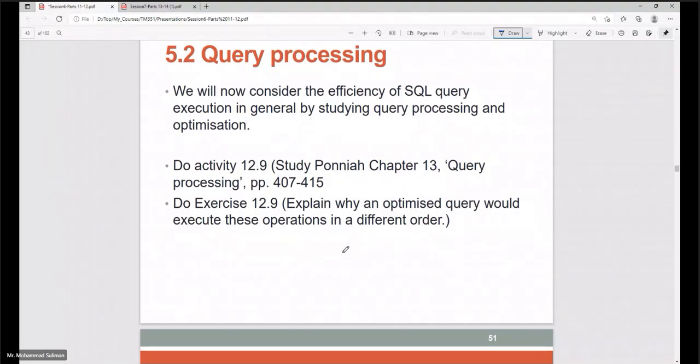That is the important thing. Later we talked about indexing, query processing, and other things. You just have to have a look at these also. So go through the activities and exercises, which are important to understand these topics.